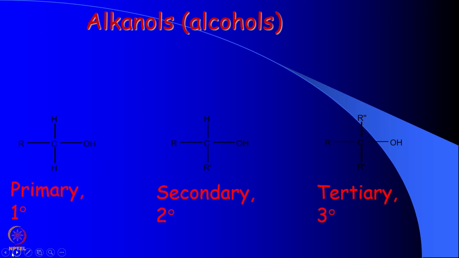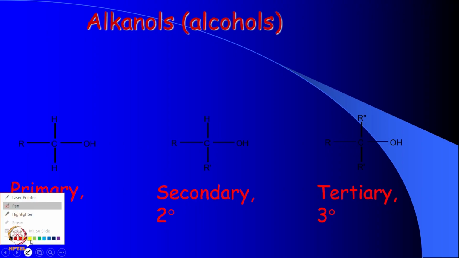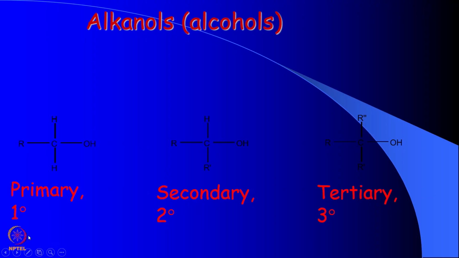Then the next class of compounds that we encounter very frequently is the group of alcohols, and as you may know, the alcohols can be identified as primary, secondary and tertiary depending on the connectivity of OH with the carbon.